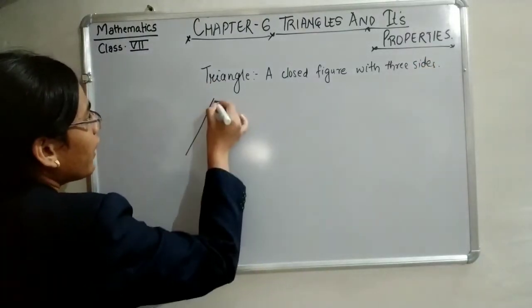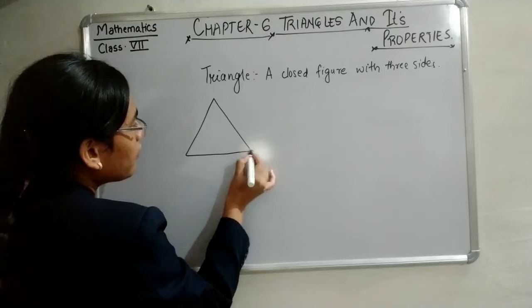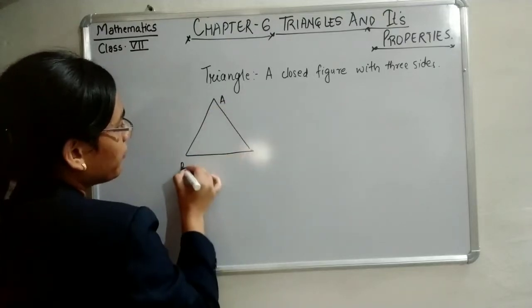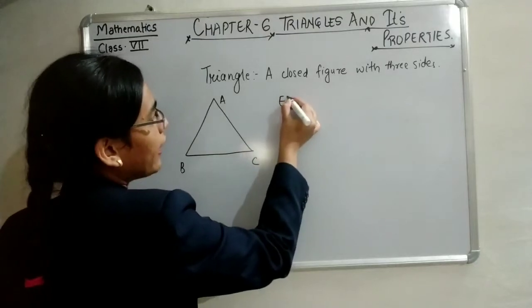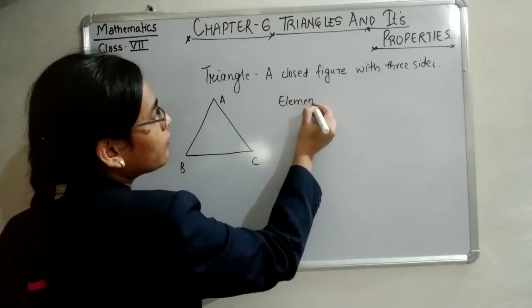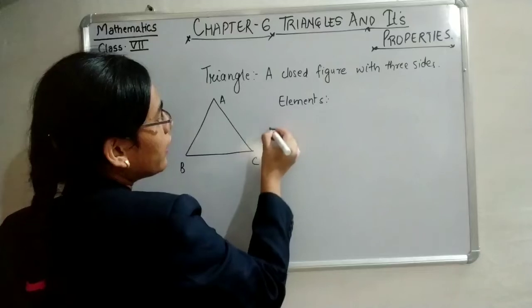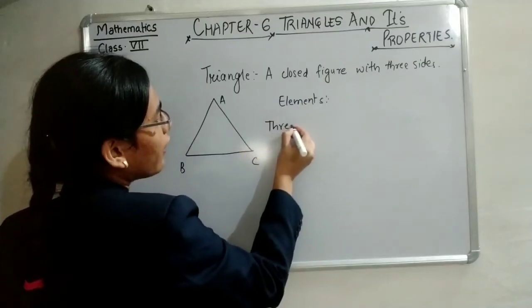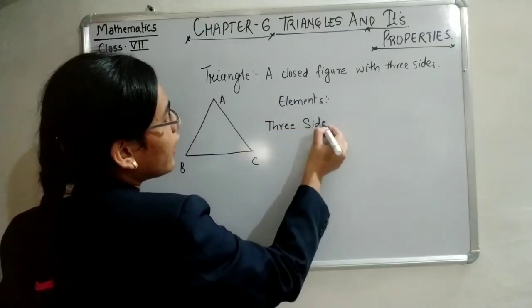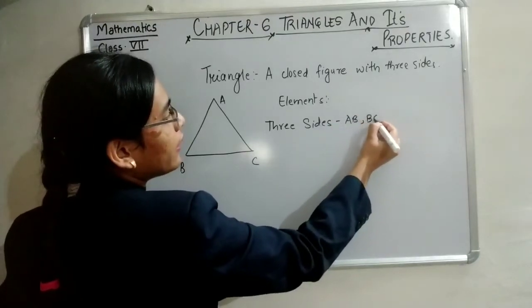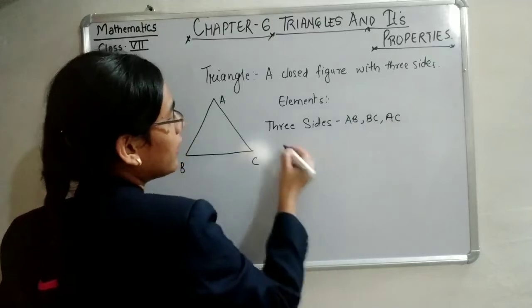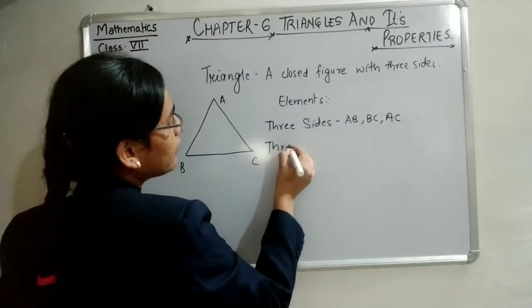Suppose we are having a triangle ABC. Now we will see the elements of the triangle. There are three sides of a triangle, which are AB, BC and AC. Now the three angles.